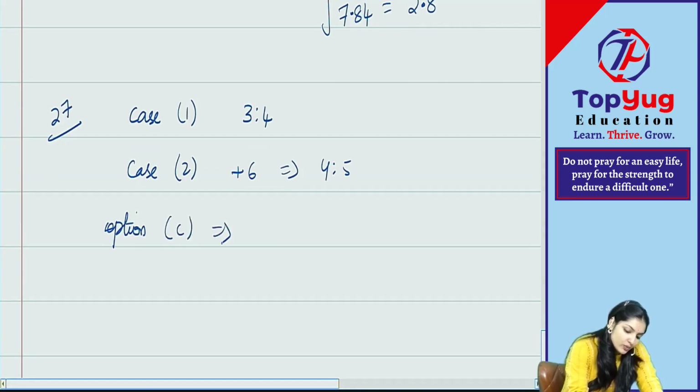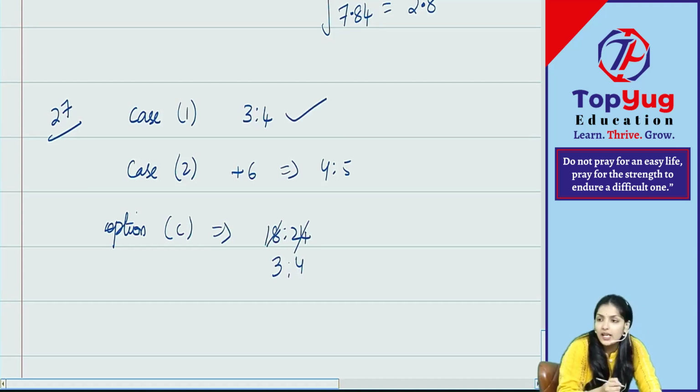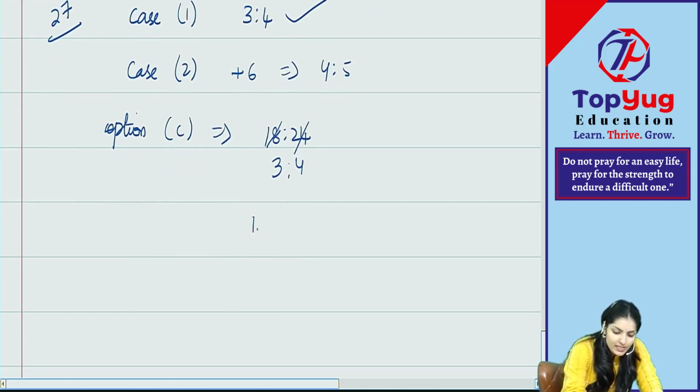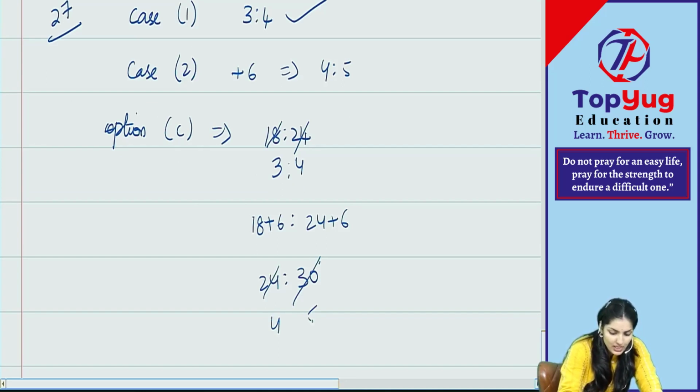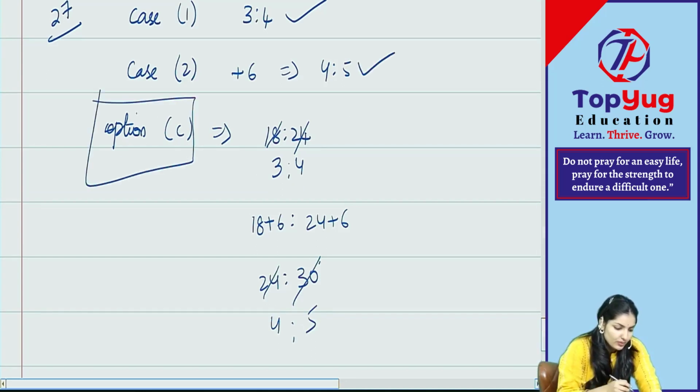How? I'll tell you. 18:24. Is it in the ratio? So 6 3s are, 6 4s are. Case 1 satisfied. Now add 6 to each. So 18 plus 6 is to 24 plus 6, so 24 is to 30. Now cancel. Yes, 6 4s are, 6 5s are. Case 2 satisfied. Option C is the right option.